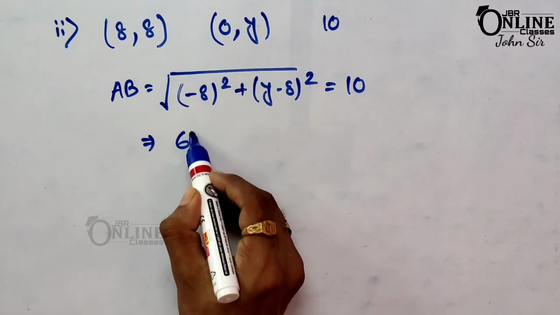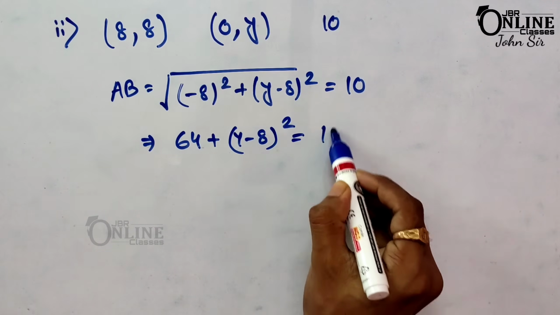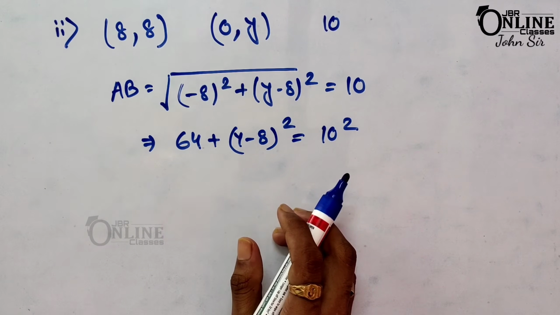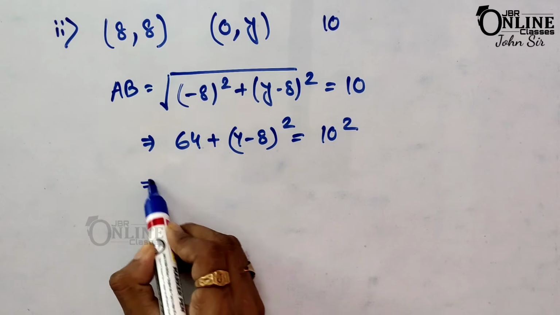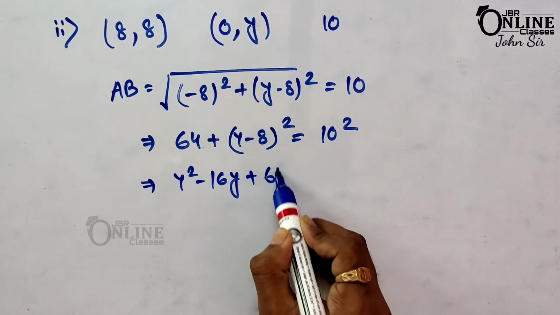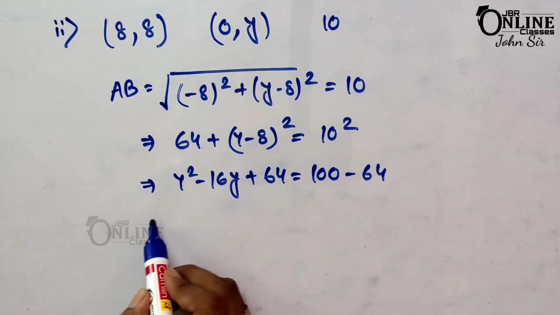Now squaring both sides, it will be 64, and this one will be 10 square. Okay, squaring both sides. So now you have y square minus 16y plus 64, and that equals 100 minus 64, that's 36.